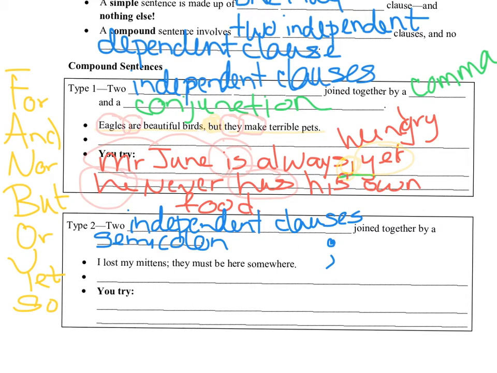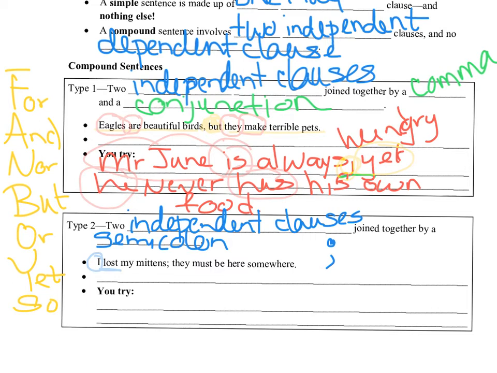Take a look at our example sentence. I lost my mittens; they must be here somewhere. I lost my mittens is a complete thought. I have my subject and I have my predicate.